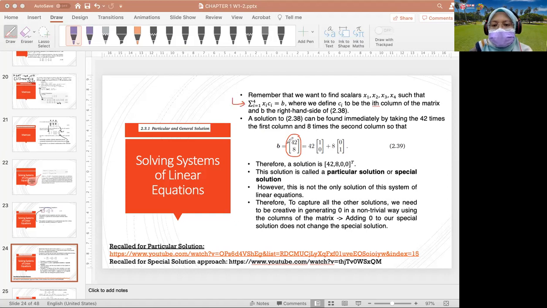This is our b, the 42 is the first value in b, and the 8 is the second value in b. So we have the 1 0, which is the first column, and the 0 1 is the second column of our matrix.